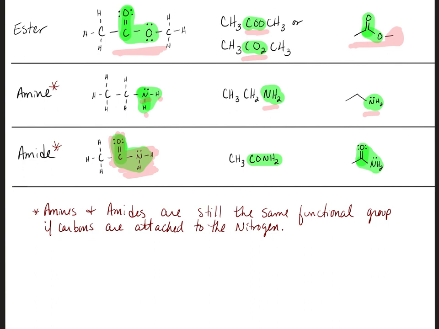So you definitely need to understand this is different than what you have as an amine up here, or at least be able to visually recognize it. And we write that as CONH2, and this is sort of what it looks like. We're going to talk about this a lot later in the semester. I hope that helps with functional groups, and I will see you soon.